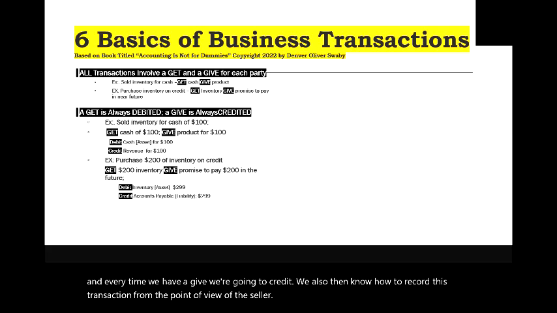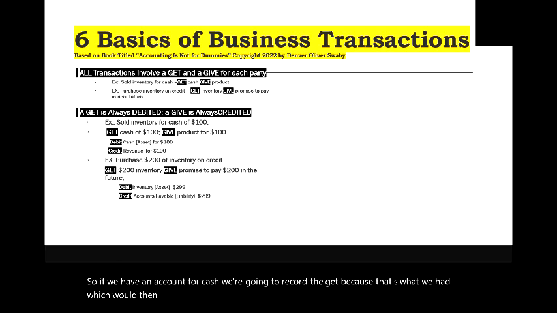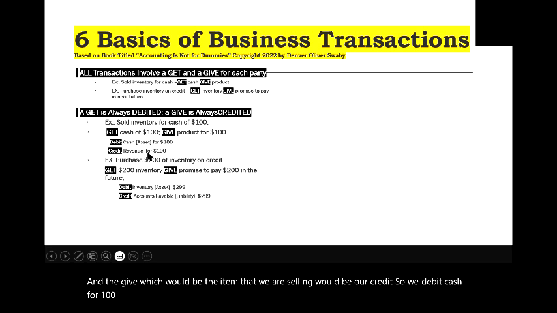So if we have an account for cash, we're going to record the get because that's what we had, which would then be a debit. And the give, which would be the item that we are selling, would be our credit. So we debit cash for $100 and we credit revenue or sales for $100.